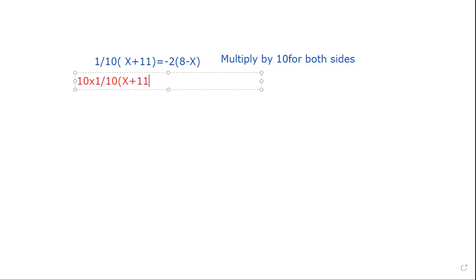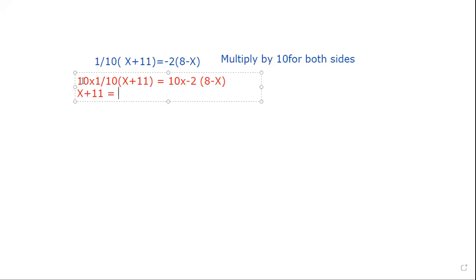And the opposite side equal 10 multiply by negative 2, the parentheses by 8 minus x, and then close the parentheses. Then 1 over 10 times 10 will be 1. Then we will remove the fraction and we have only x plus 11.